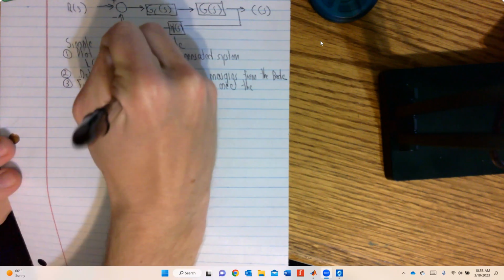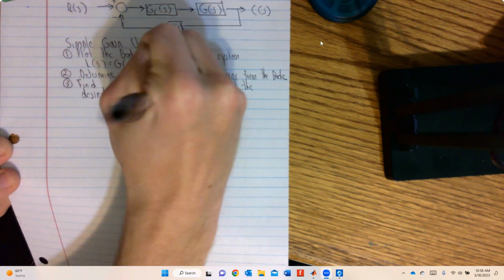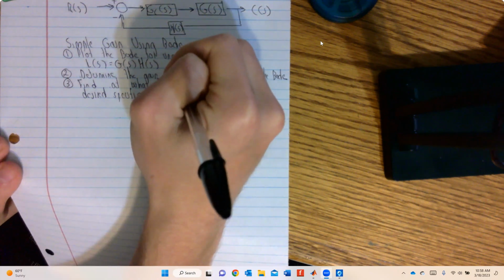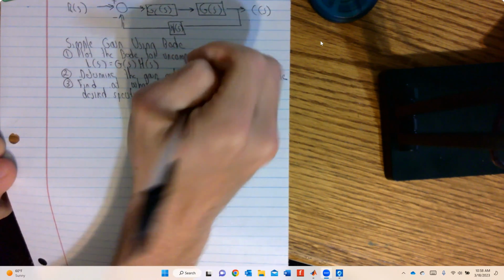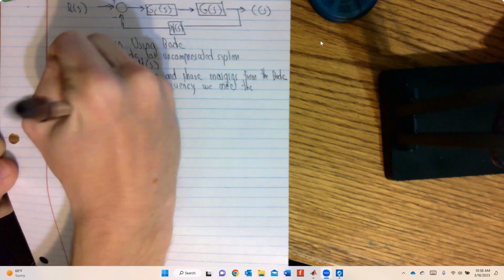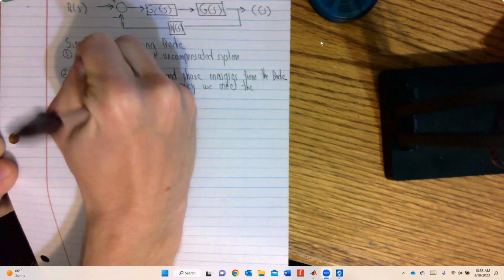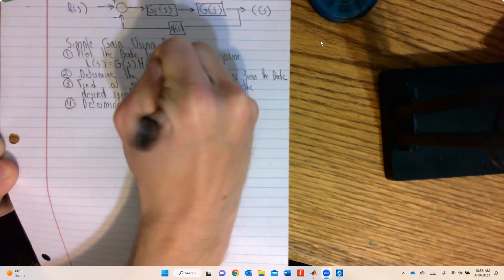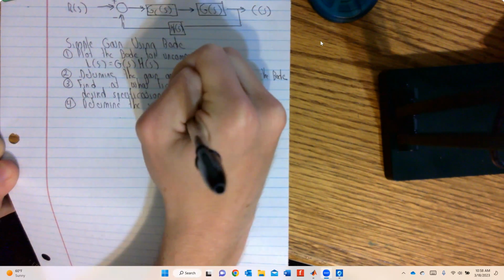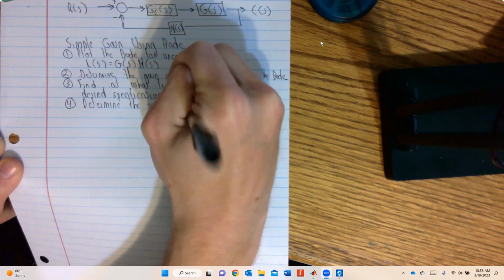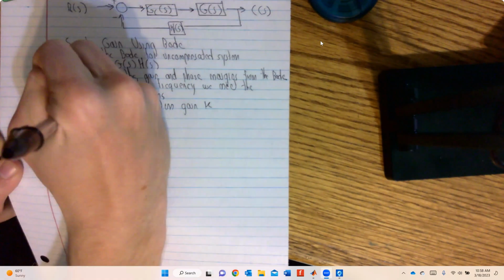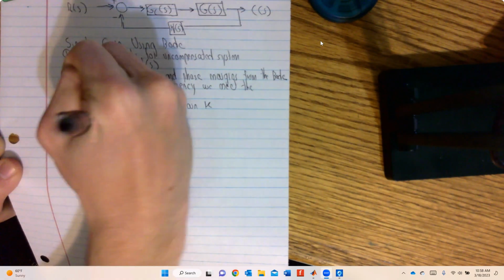After that, the fourth step is we are going to determine the system gain K, to shift the Bode plot up or down. If K is positive, we shift it up. Negative, we shift it down. That would be in our controller. And then we just iterate on the design.